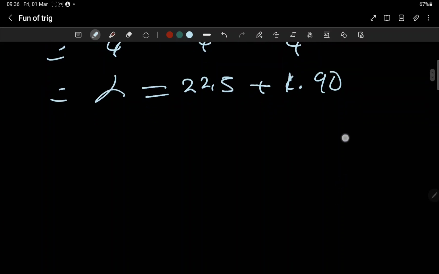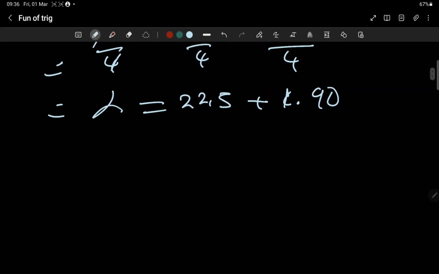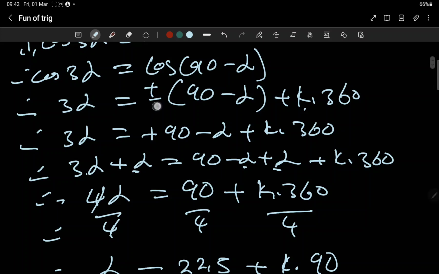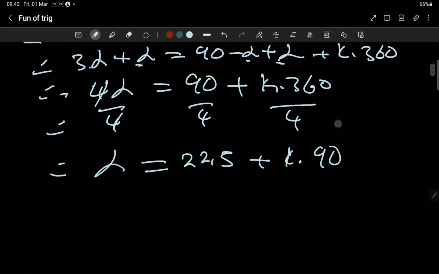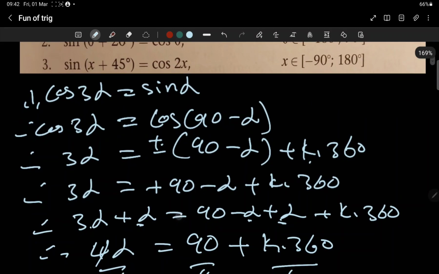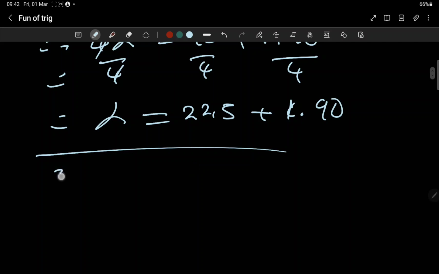And then let us do the other part. Remember, we did the part for the positive. Now let's do the part for the negative. So we have 3 alpha.